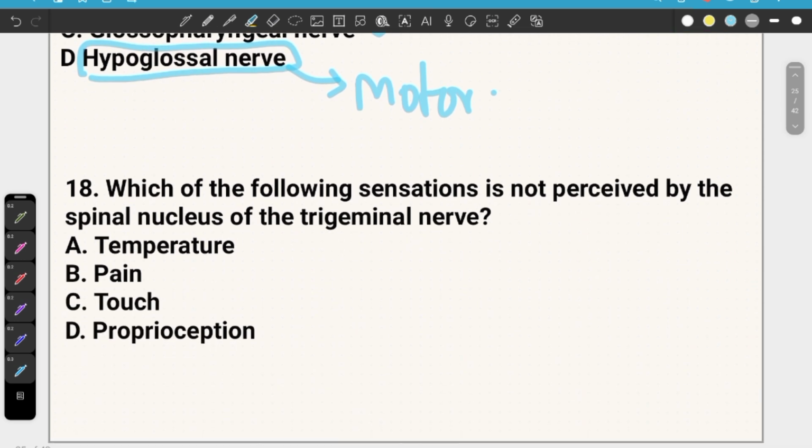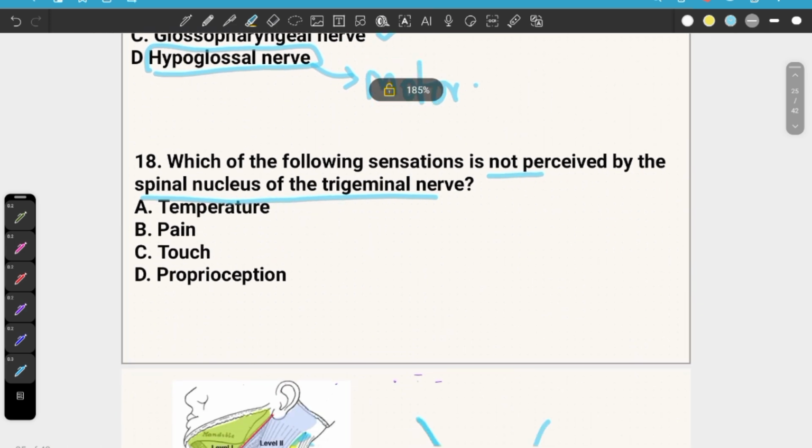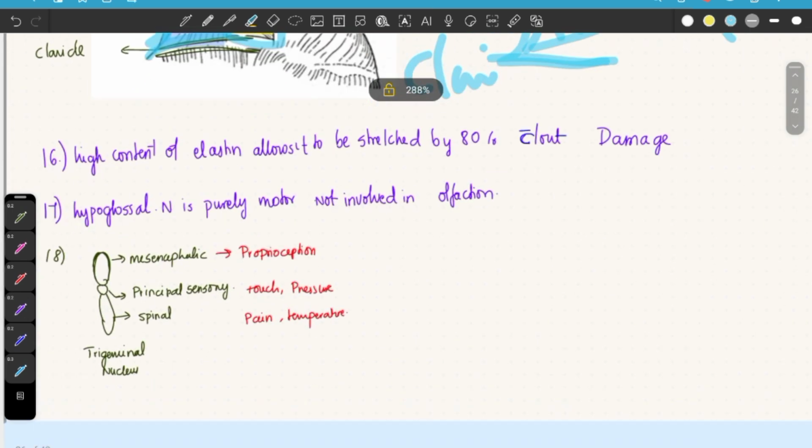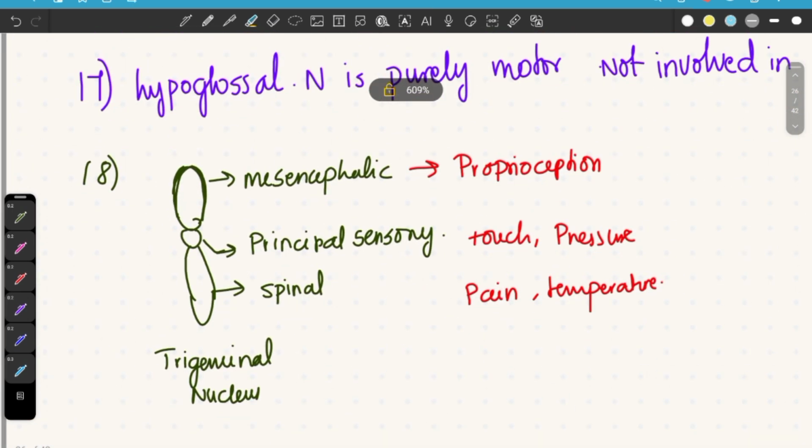Which of the following sensations is not perceived by the spinal nucleus of the trigeminal nerve? Here you have to remember the trigeminal nucleus has three parts: mesencephalic, principal sensory, and spinal. They are asking about the spinal.